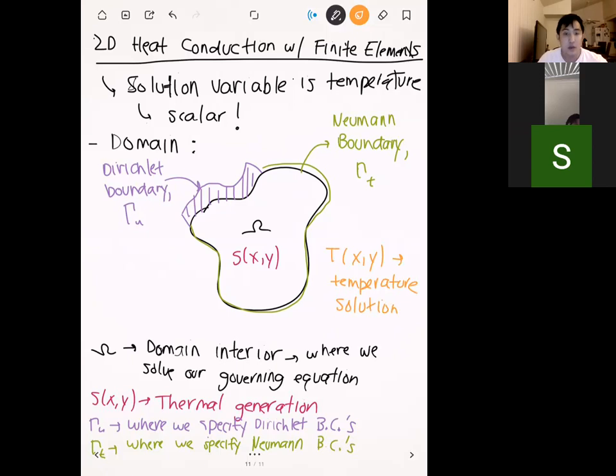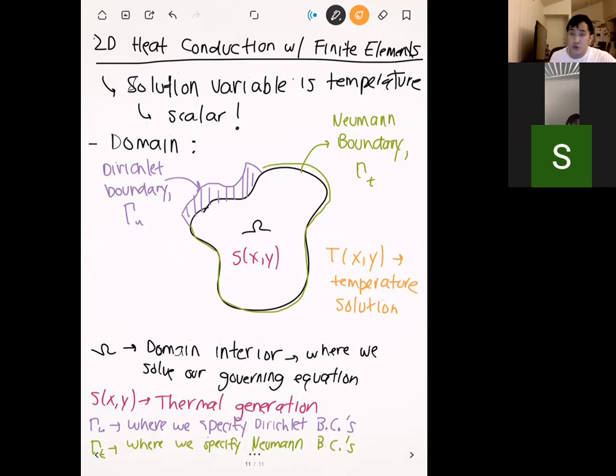I draw this figure here not to tell you that the Dirichlet boundary and the Neumann boundary have to look like this exactly. But I just want to tell you that when we're solving these problems, we always make a distinction: what parts of our boundary are we going to apply the Dirichlet boundary condition on, and what parts are we going to apply our Neumann boundary condition on. They don't have to be next to each other, or contiguous like this.